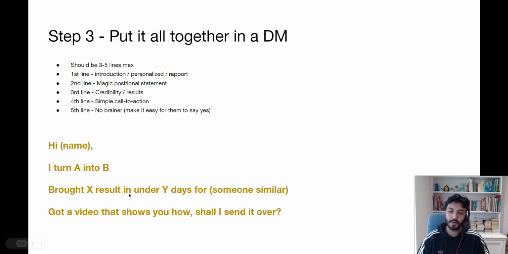It brought 100 email signups in under 2 weeks, or in under 14 days, for a lawyer with no website traffic. I've got a video that shows you how to do this. Shall I send it over? All you want them to say is yes. A simple CTA means all you want them to say is yes, or okay, I'm interested. You don't want them to come up with more paragraphs or anything like that.